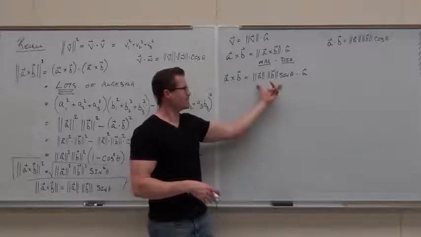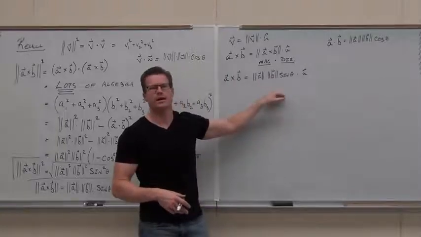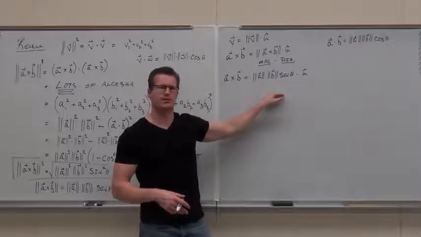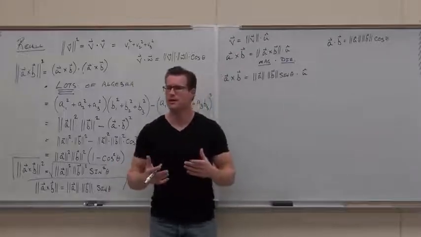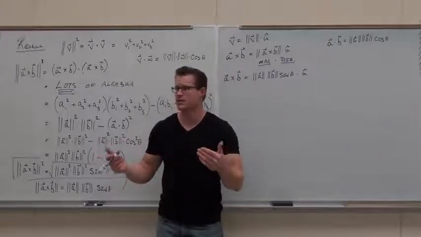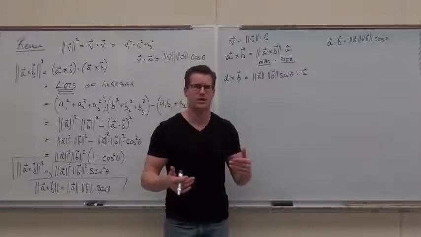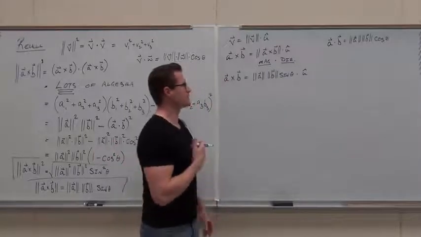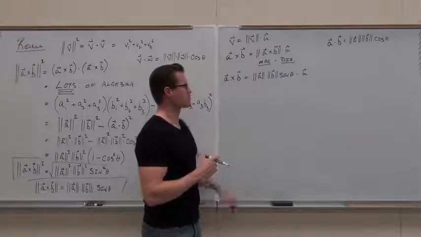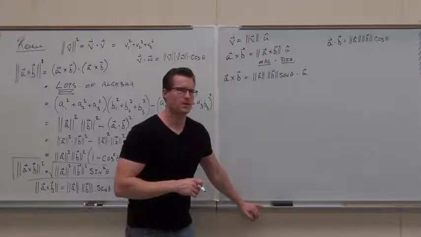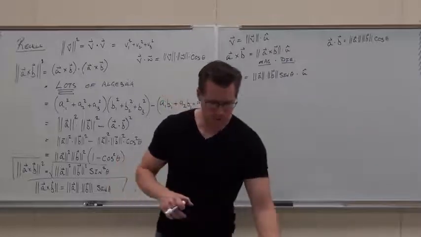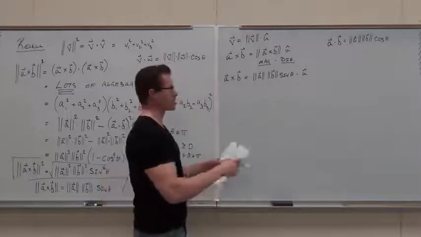So that's pretty cool. This is the other way that you can calculate the cross product if you know the angle between the two vectors and you can find the magnitudes. You also need to know the unit vector of the cross product. But that's another way that you can do it. Now, here's what I want to talk about. The big old punchline.